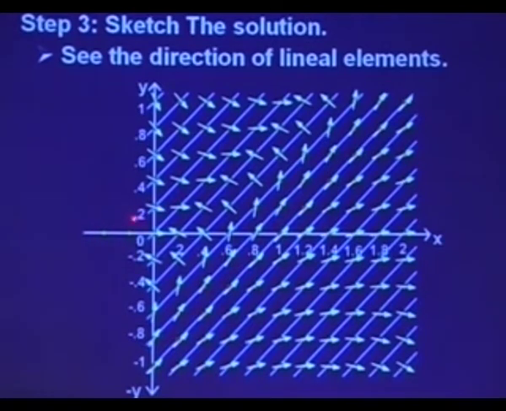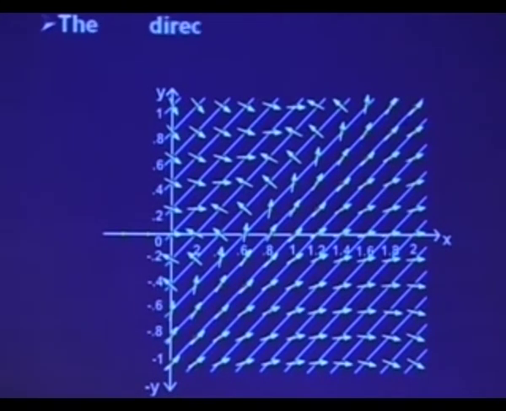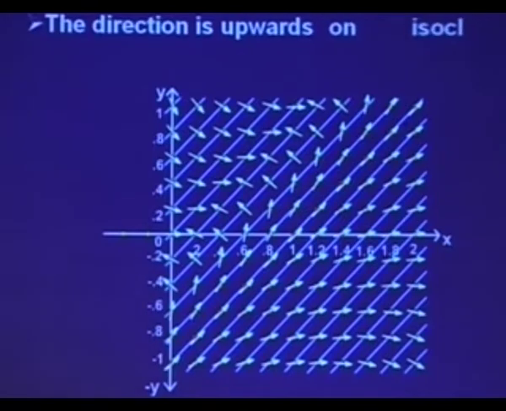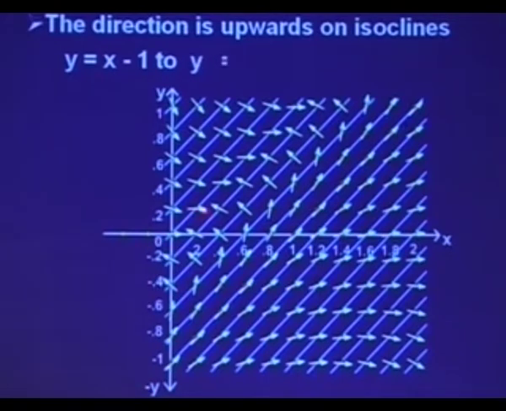We see from here, first, the direction is downwards over here. Let us see one step at a time. First we are seeing the line y is equal to x minus 1, this line, and from this line we see the direction is moving upwards somewhat, and then here also something downwards, then here it is downwards.